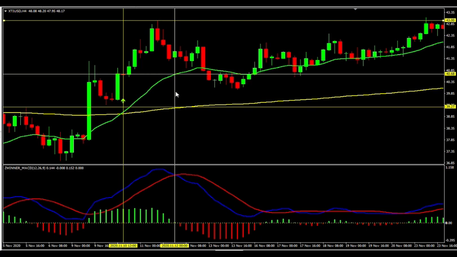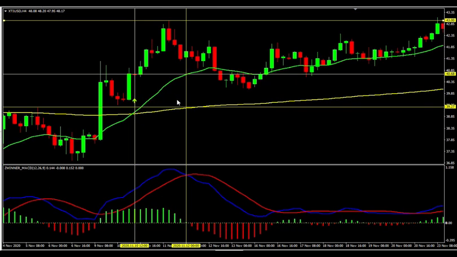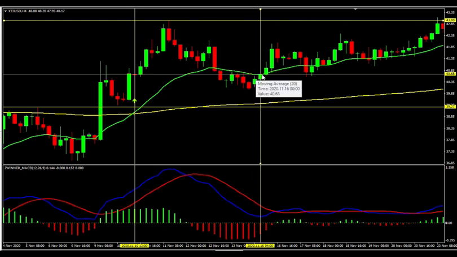Okay, now let's see where is the next signal. The next signal we get is here, when the candle crosses the 20 period moving average.